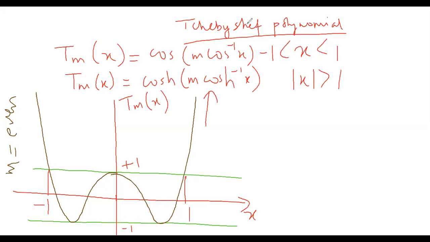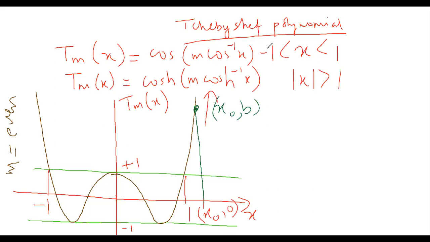Let's say I am choosing a value, say over here, as x naught. Say this particular coordinate is x naught. Corresponding to this coordinate, you will get a certain value of the Chebyshev polynomial. Let's say this particular point.